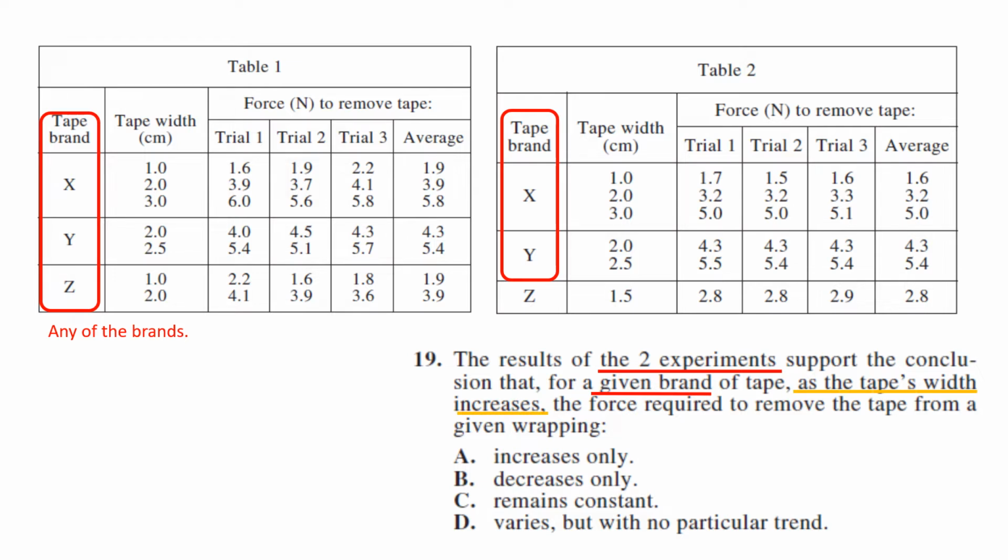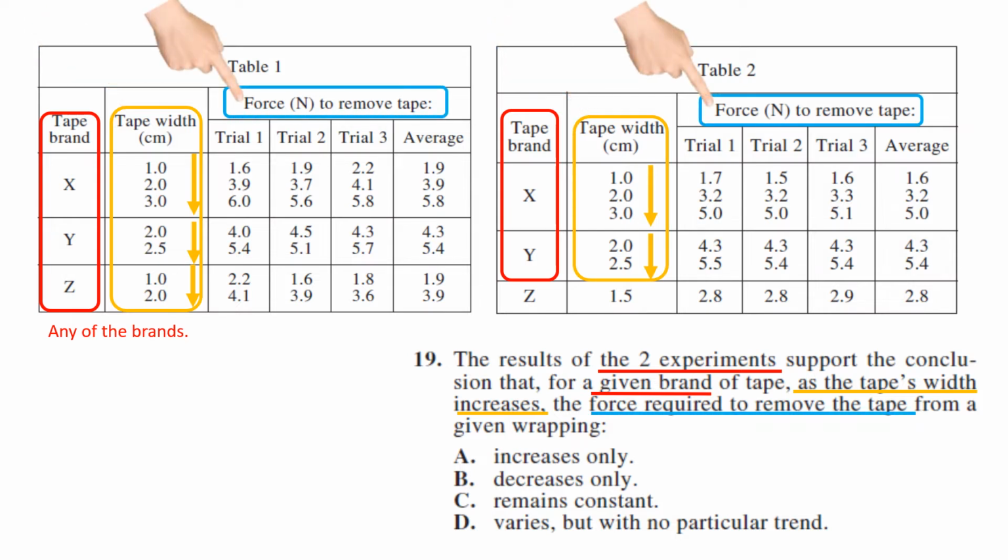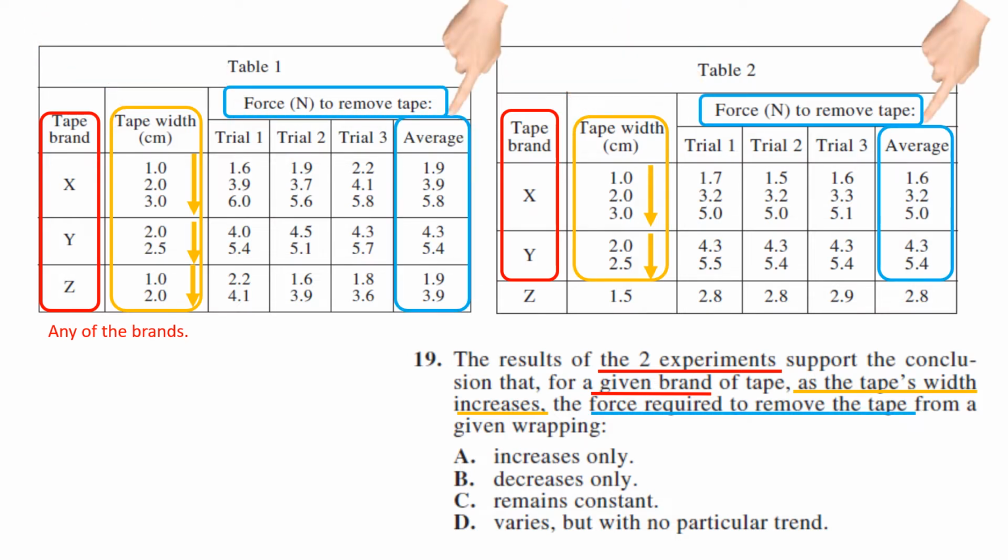As the width increases, the force required to remove the tape, and we're going to look at the average column, does what? We see that it increases also, right? Our lines are going the same direction, down on all accounts. You could have just really compared one tape in one spot, but your answer is definitively A.